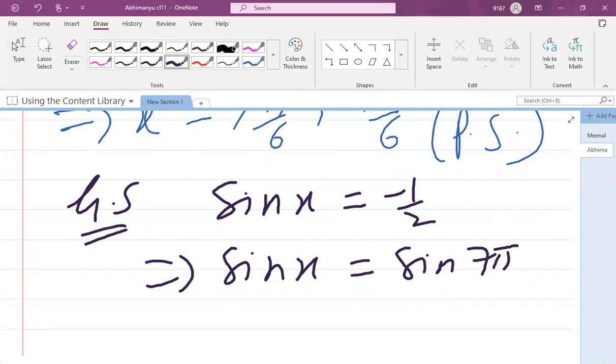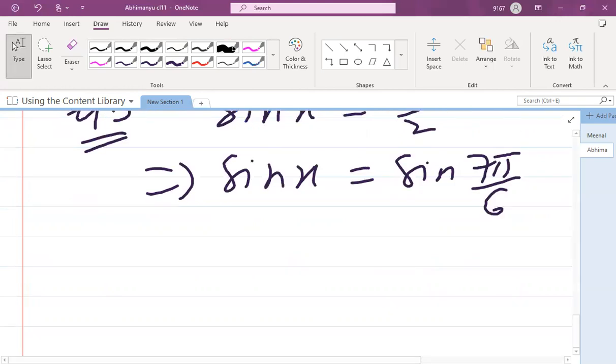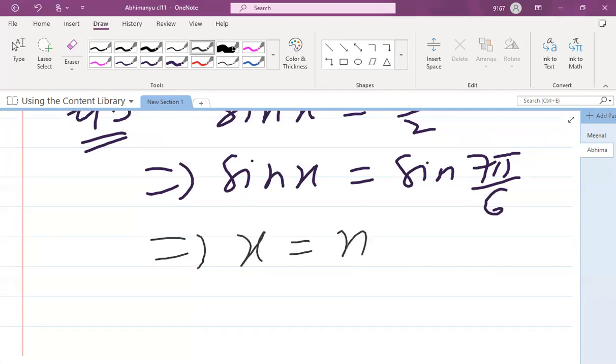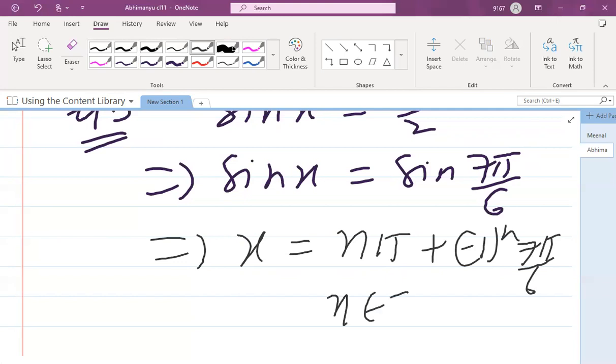We take the smallest value from the principal solution. So here it is x equals n pi plus minus 1 to the power n, 7 pi upon 6, and n belongs to integer. So this will be the general solution.